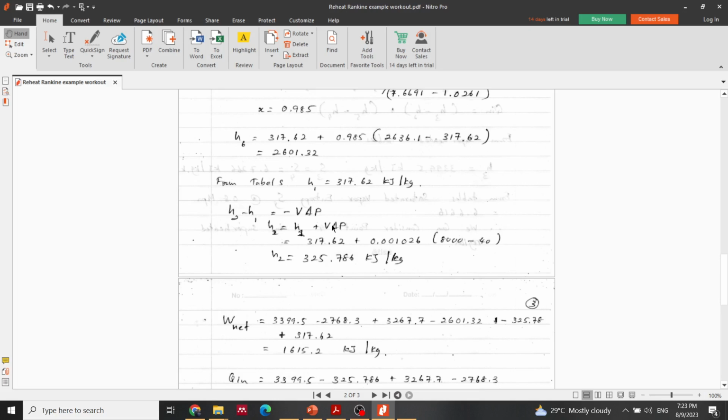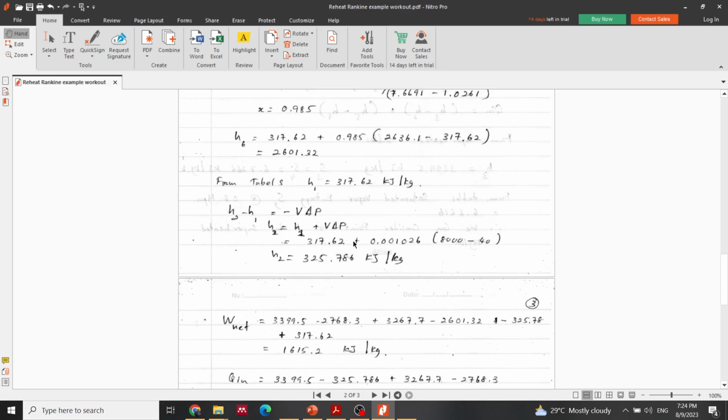V is the specific volume, so we can extract that again from the saturated table. H1 we know, 317.62, minus V delta P. Delta P means the pressure difference, which is 8 megapascal minus 0.04 megapascal. If we convert it into kilopascal, we have 8000 minus 40.